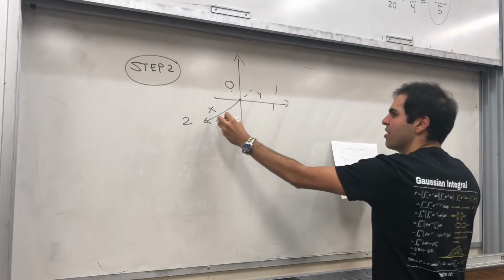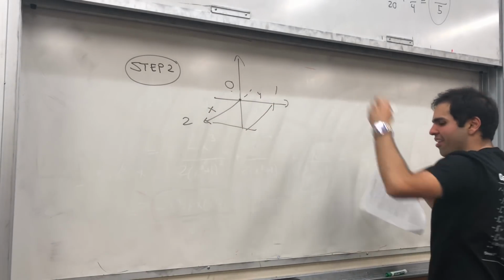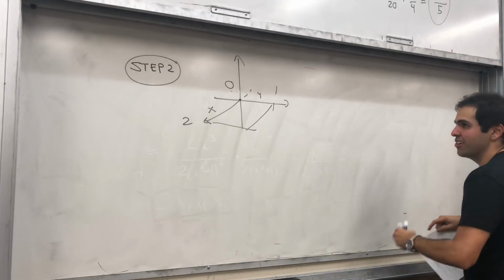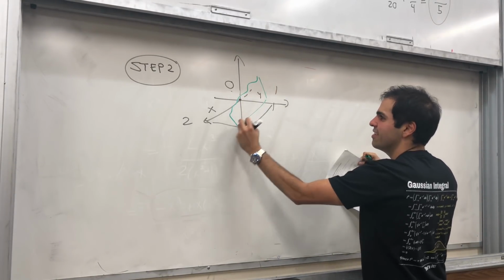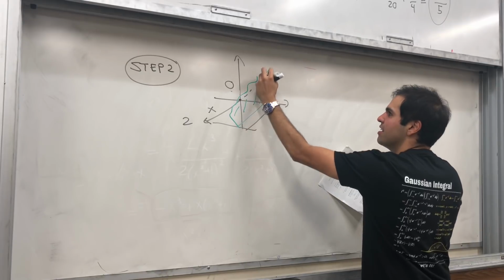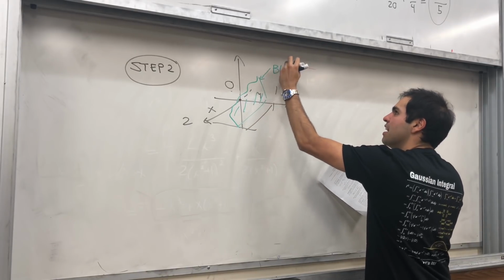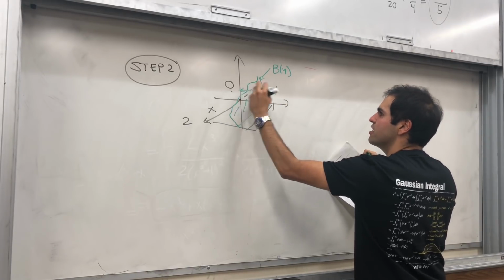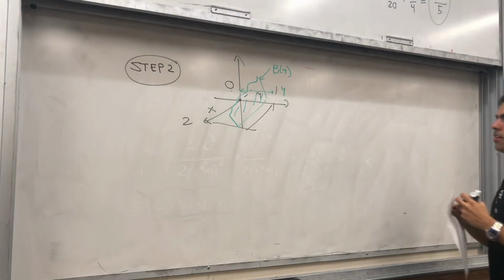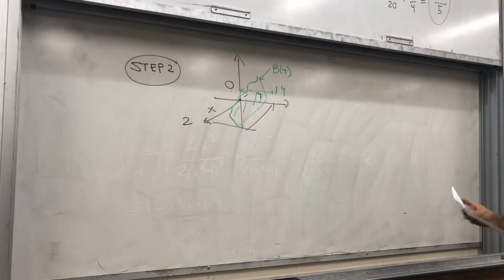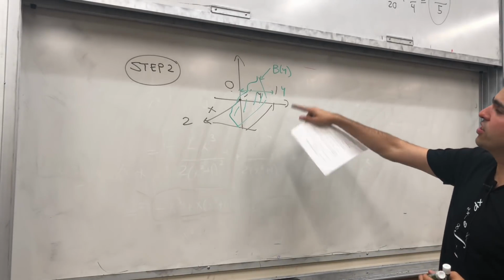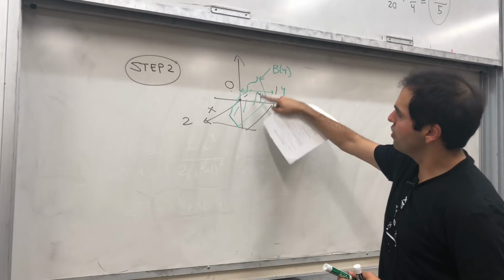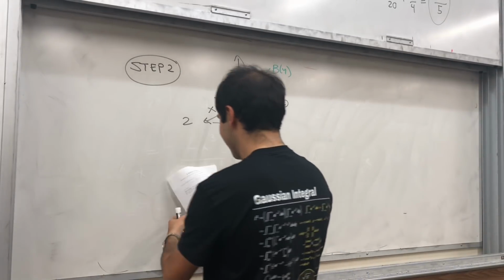And this time we would like to take the other slices. I don't know if I should call it vertical or horizontal, but slices in this direction. Let's call it b of y, and we want to integrate with respect to y. So what is b of y? In this case, it's just the integral of the function with respect to x.